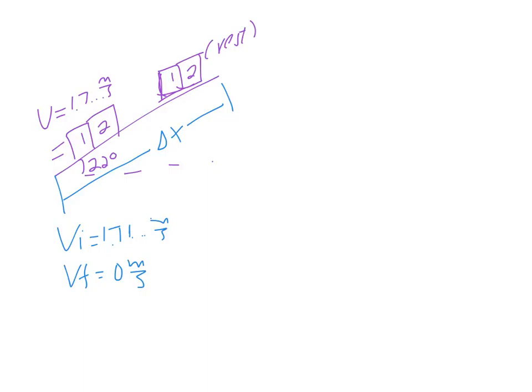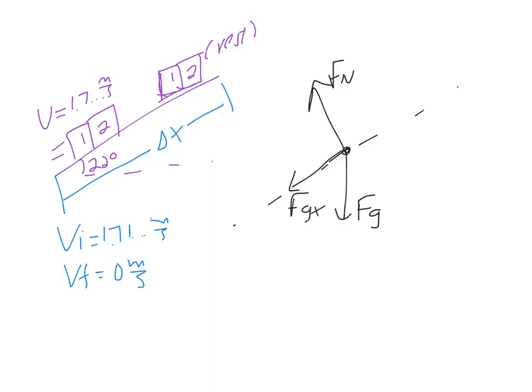So these are from a while ago. Here's my surface. Got weight going down. Normal force is perpendicular. And then no other forces, so we just want to break apart Fg into Fgx and Fgy.